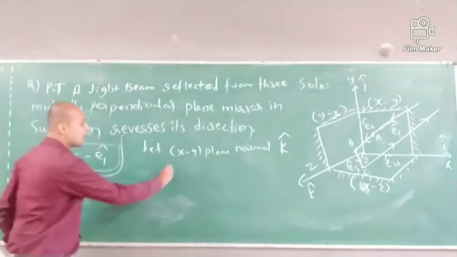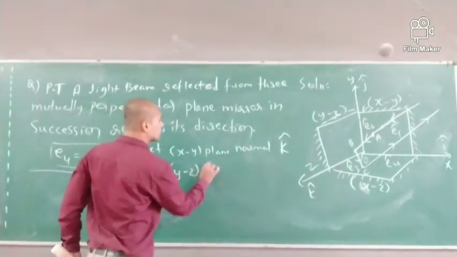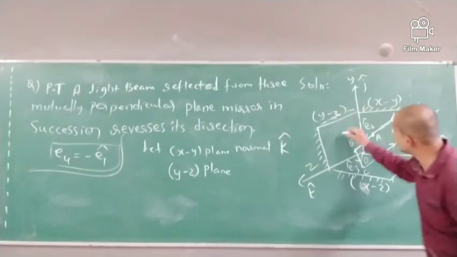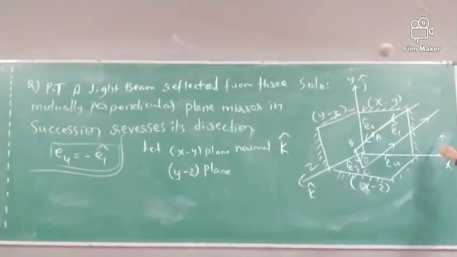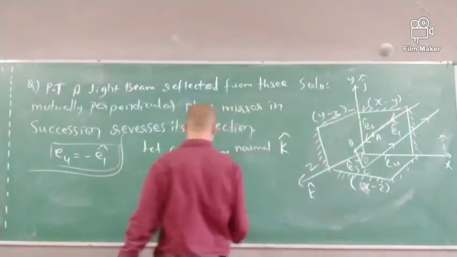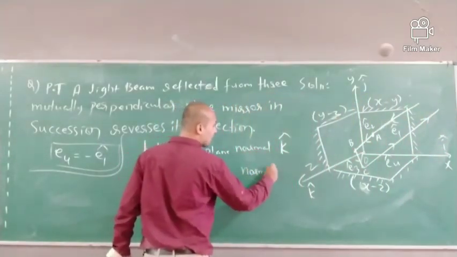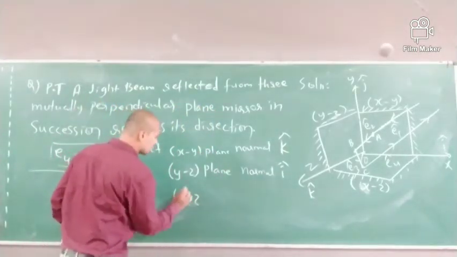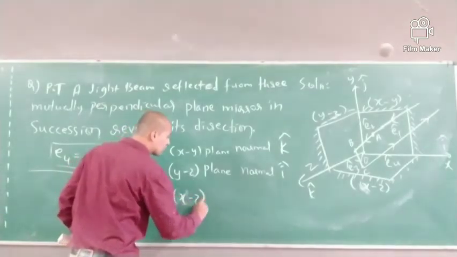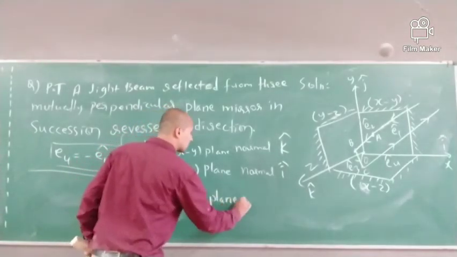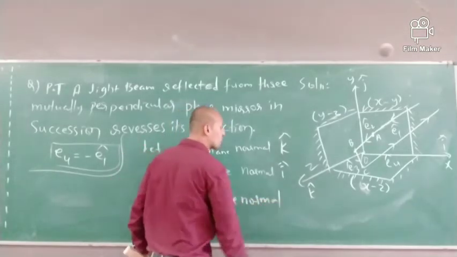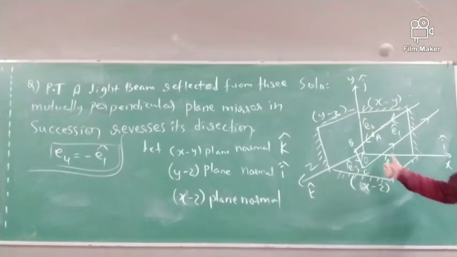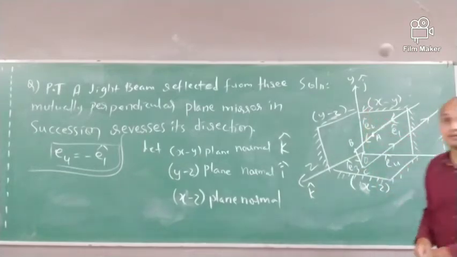Correct now? And for the YZ plane, if you take the YZ plane mirror, what is the normal line? For the YZ plane, this is the normal line, which is I cap. Correct now? So the normal will be I cap. If I take the XZ plane, the normal line which I will be taking is along the y-axis.